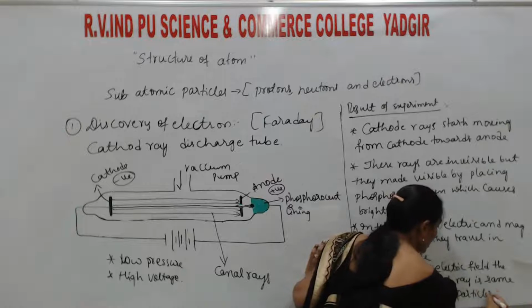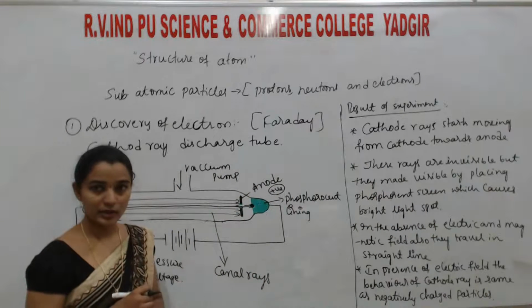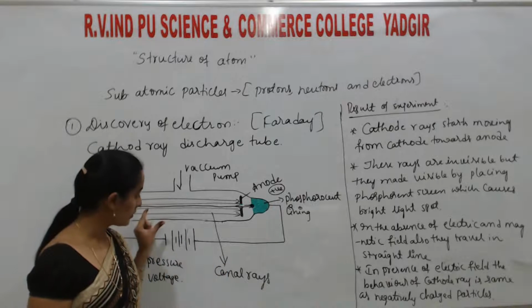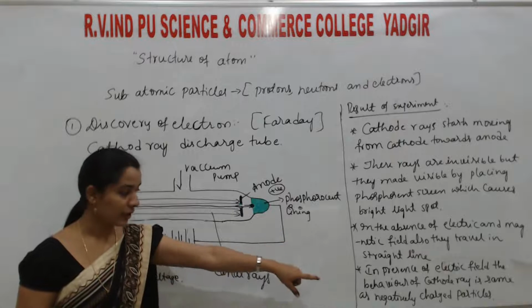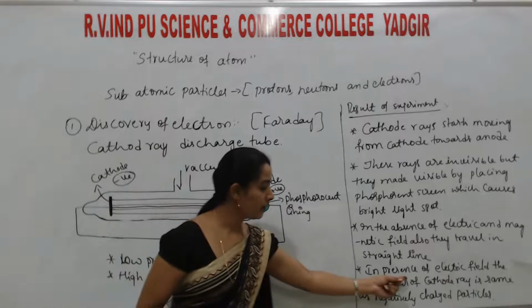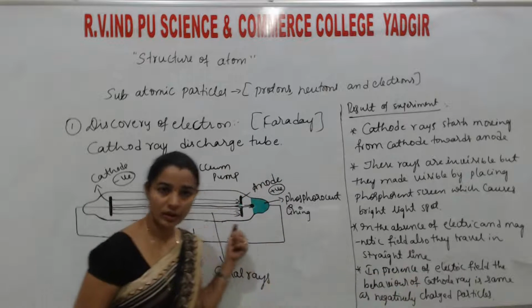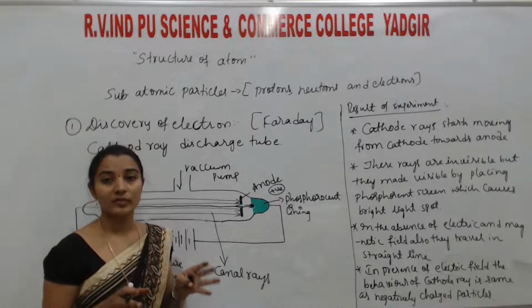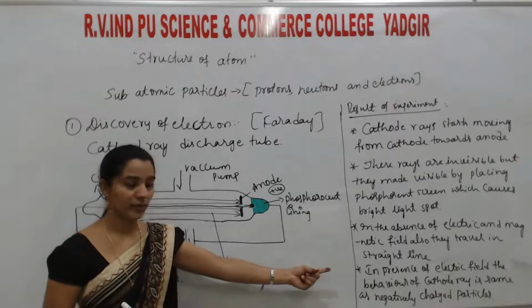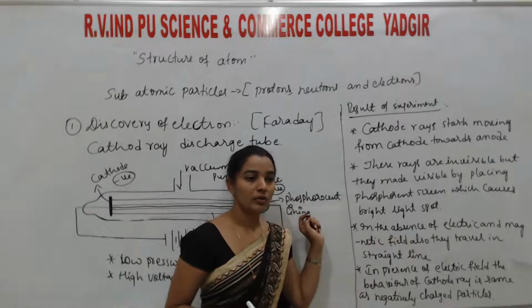You know, electric current means negatively charged particles are there. So when we supply the electric field, the movement of negatively charged species present in the current and the behavior of the cathode rays, because those are also negatively charged, both are the same that we are going to observe. That's why it never affects. So electric field never affects the movement of the cathode rays.